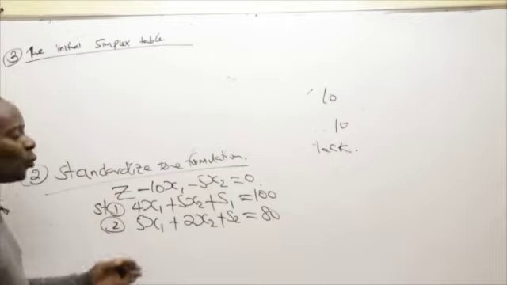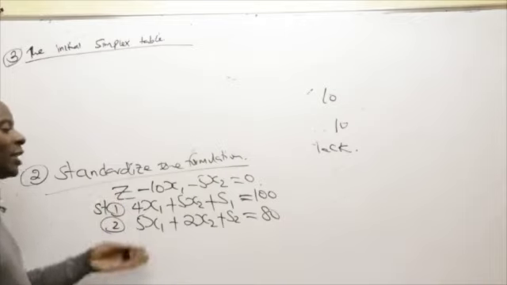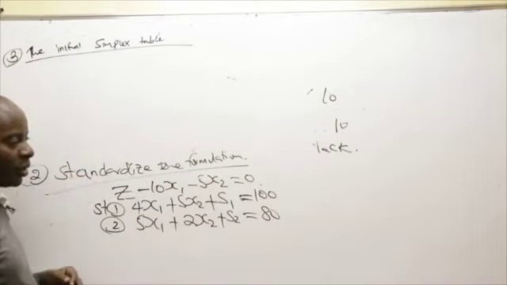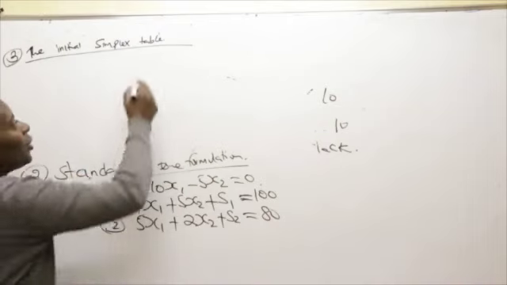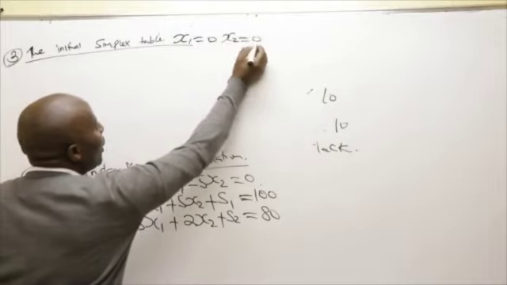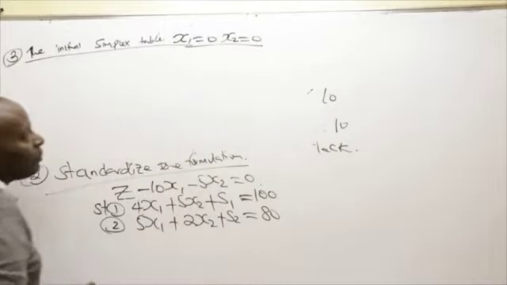Initially, we assume that we have not yet started producing our x1, x2 products. So initially, we are assuming that our x1 equals 0 and our x2 as well equals 0 there, initially.